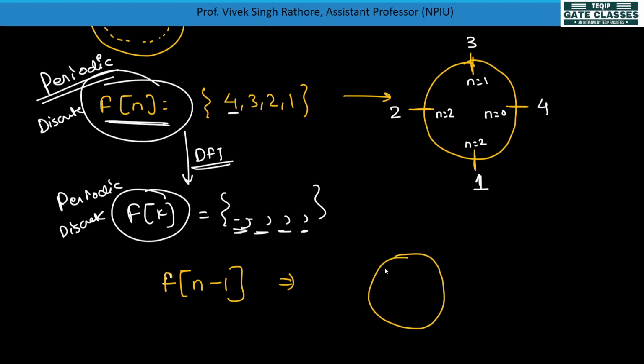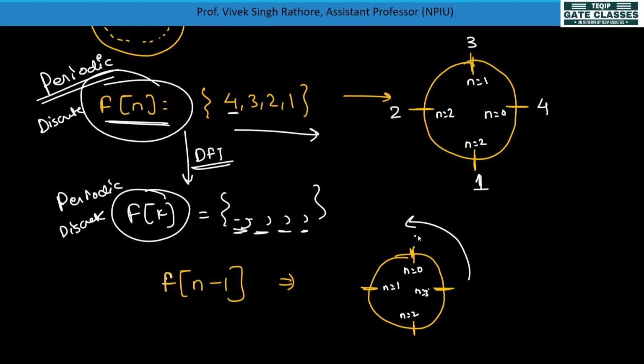For f of n minus 1, in the time domain we are shifting towards the right-hand side. So what we'll do is like this. The values were there, and we just need to shift them in the linear scale. If we are shifting to the right-hand side, in the circular form we will shift like this. So for f of n minus 1, now f of n equal to 0 will come here, then n equal to 1, n equal to 2, n equal to 3, because it has been shifted.